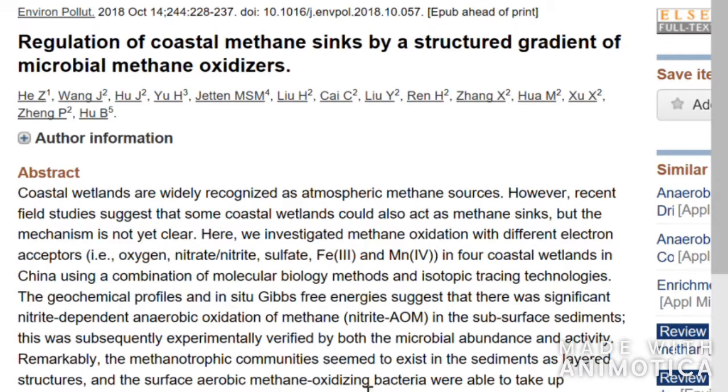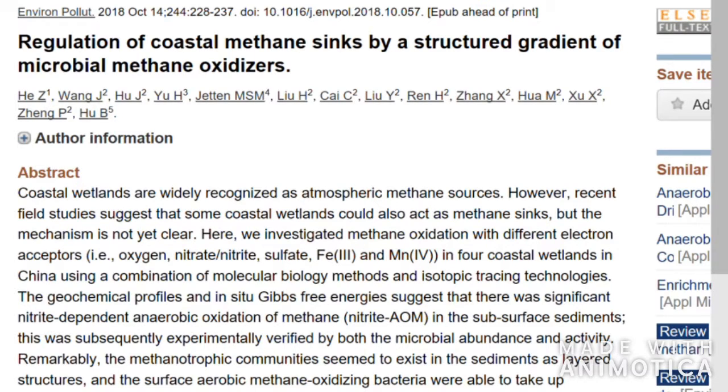So basically, the aerobic methane on the surface, so you can assume that aerobic means that they use oxygen, so aerobic methane oxidizing, this is the style. So the anaerobic oxidation means that they don't use oxygen to oxidize the methane, or they can't use oxygen.